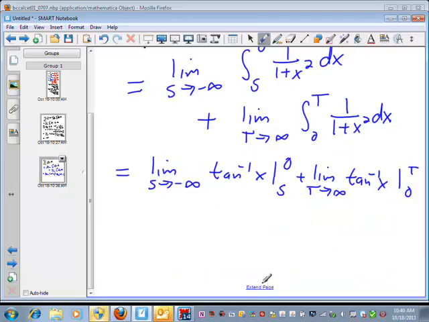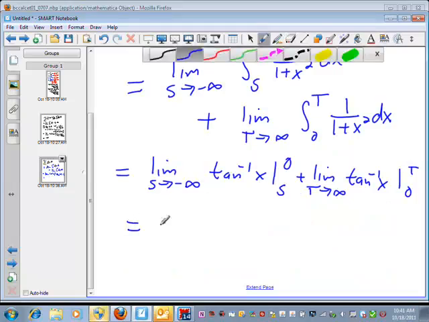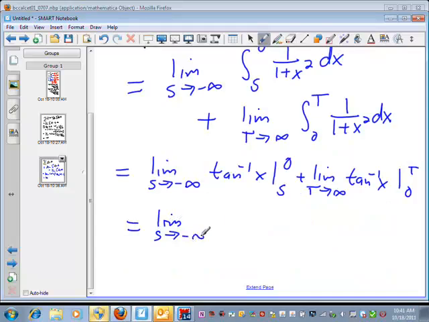We'll plug in 0 and s and subtract. Here, this is equal to the limit as s tends to minus infinity of the inverse tangent of 0 minus the inverse tangent of s. Now, you can already see it's very difficult to keep writing the limit.